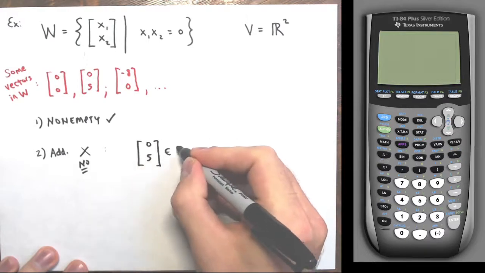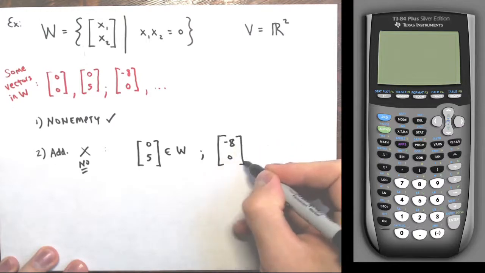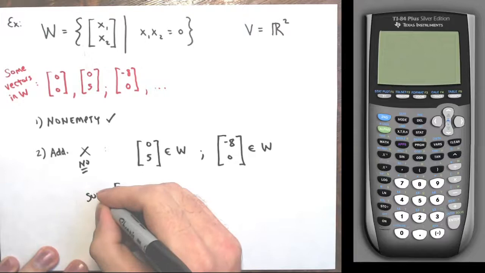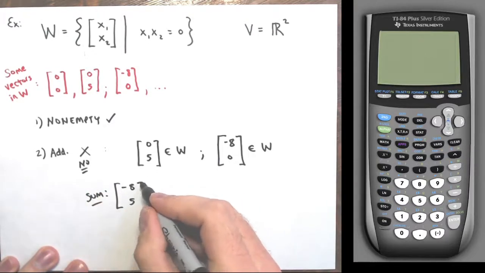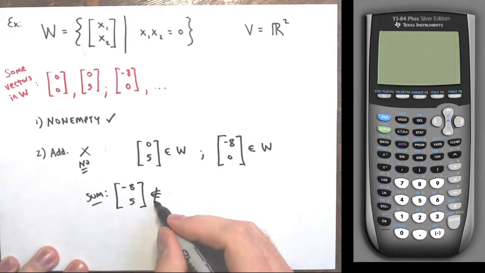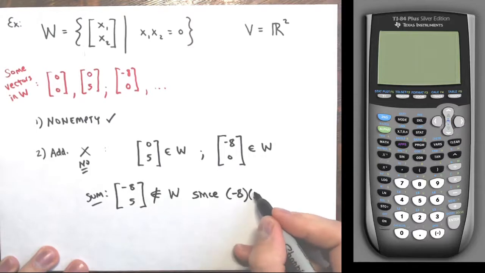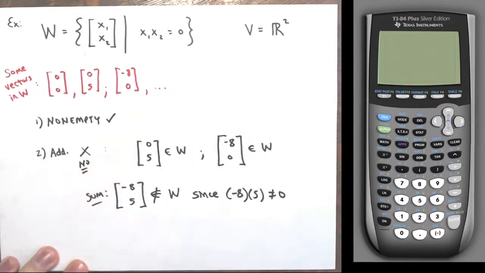Look at these examples. 0, 5 is in W. -8, 0 is in W. But their sum would be -8, 5. This would not belong to W, since -8 times 5 is not 0, right? It doesn't satisfy the condition of the set. So W is not closed under vector addition.